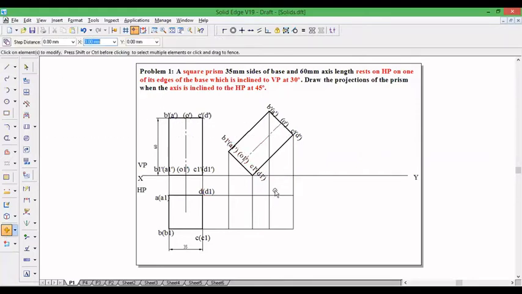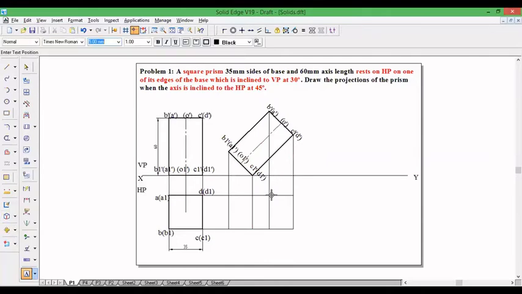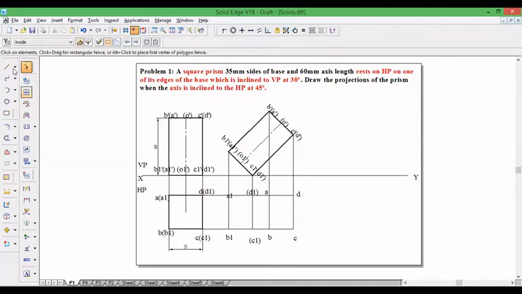Now let us name the points. So this is A, B, C and D, the top square. Similarly, we have A1, B1, and C1 edge is the one on which it is resting. So C1 is going to be invisible and D1 is invisible.